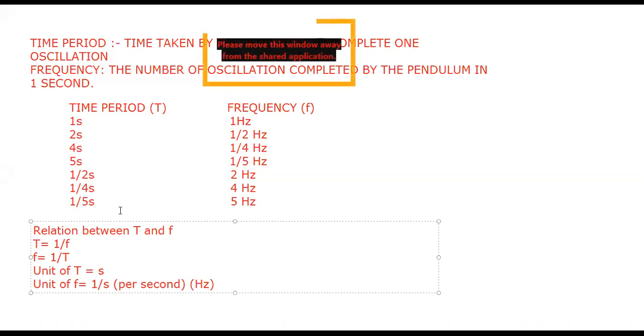So we have discussed what is the time period, what is frequency, and the relation. Now we will write down another term. Write down the next term: amplitude.